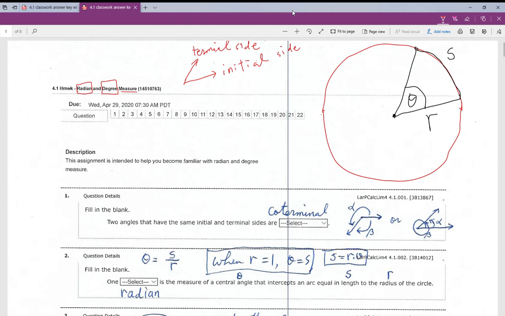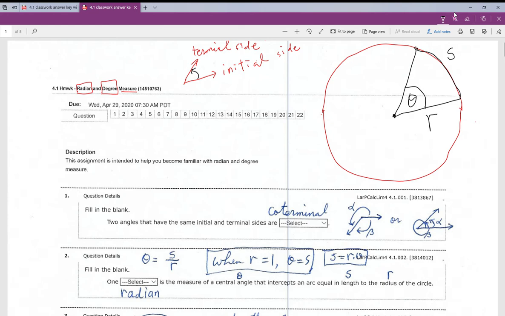So between these two, start from the initial side and it forms an angle. Let me use another color. So start from the initial side, keep going to the terminal side.